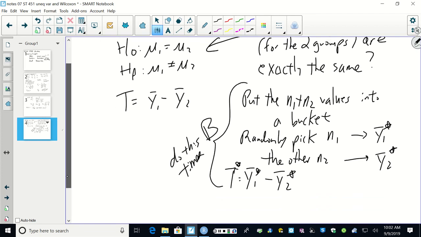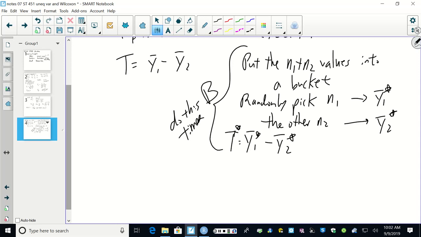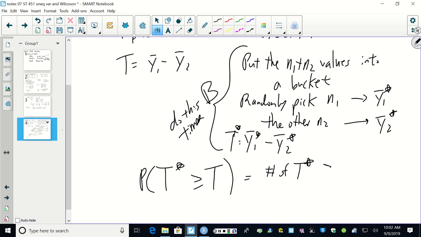And so we could calculate the probability that our T star is greater than or equal to our T statistic, by the number of T star that are greater than or equal to our value of T over the number of simulations that we do.